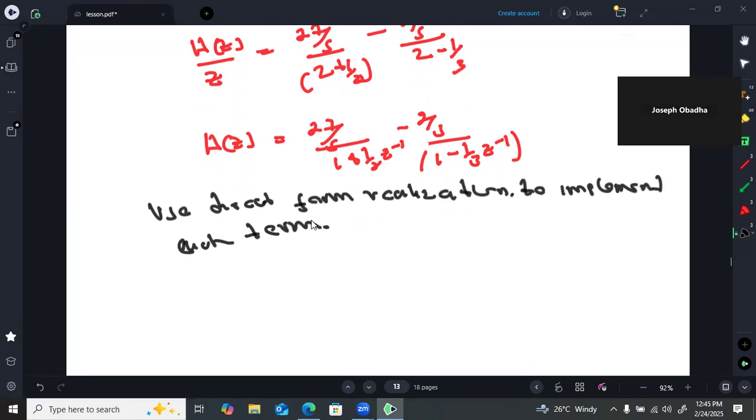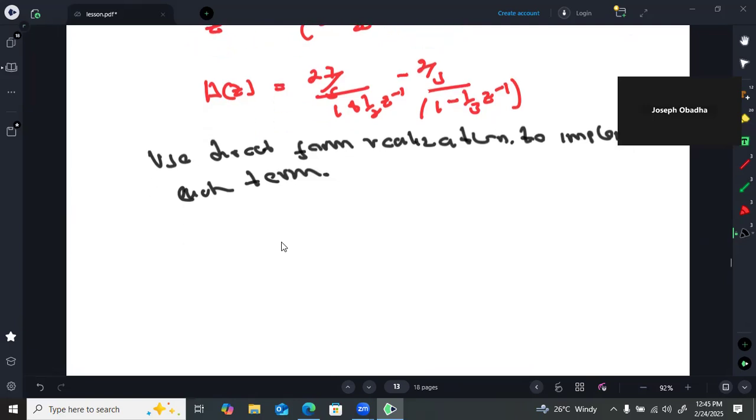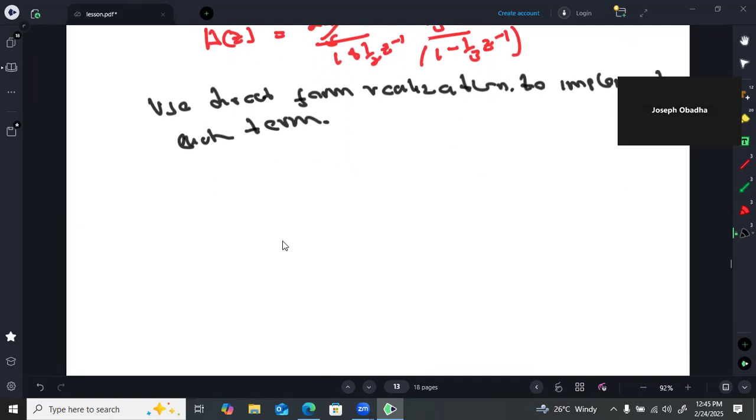You can go back to the previous videos and see how we are able to implement this. Once you have the different forms, you only need to implement them. So this is left as an exercise for you to obtain the direct form realization of each of the terms and draw them in parallel the way we have discussed, so that you have your input x(n).